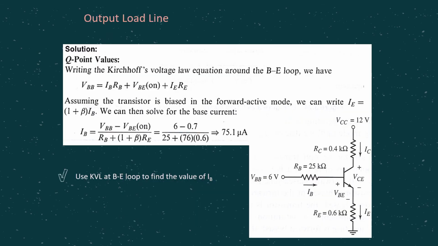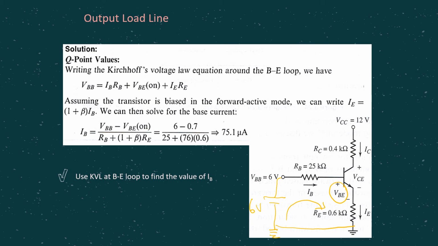But first, let's have a look at the BE loop, which involves the VBE junction. RB is connected to 6 volt, meaning the positive 6 is connected there, the negative one is grounded, ground and ground at the same level. So can you see the complete loop here at the BE loop, right? So from here we can do a KVL equation.